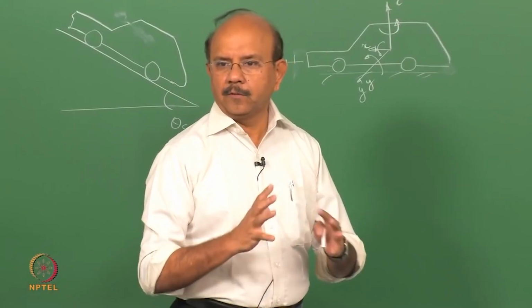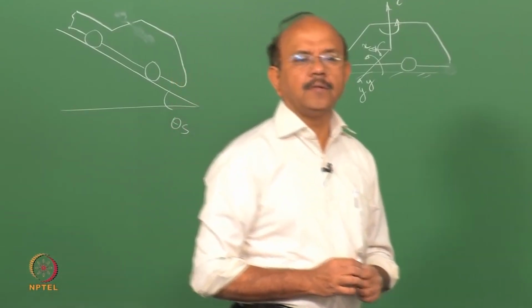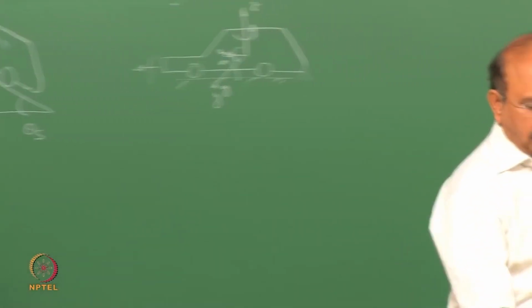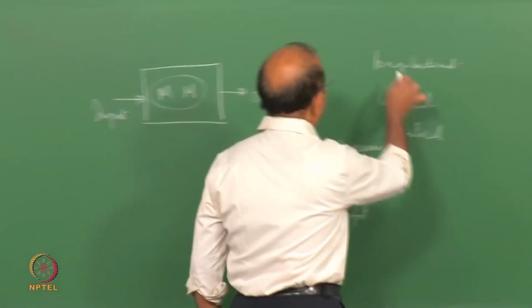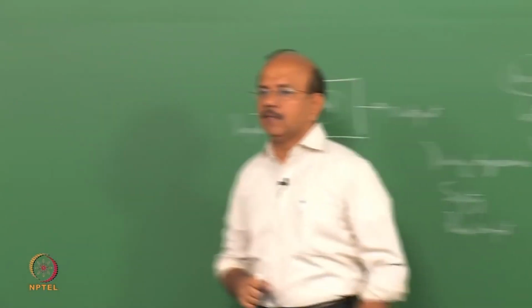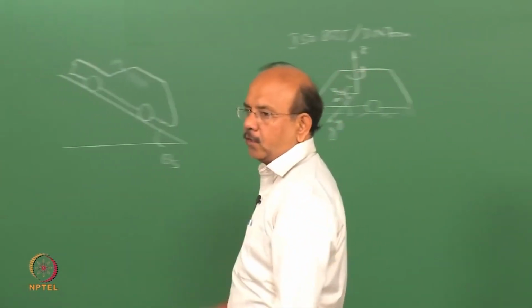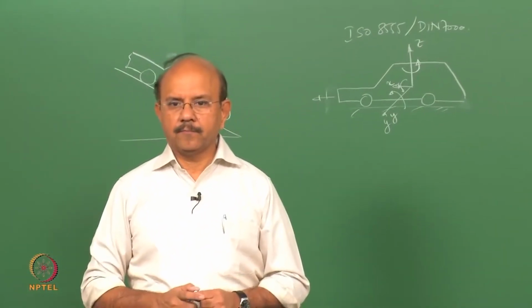We are going to use the same equations, F is equal to ma. So, we directly plunge into what is called longitudinal dynamics and look at a very simple mathematical model that we will be using in order to understand the longitudinal dynamics.